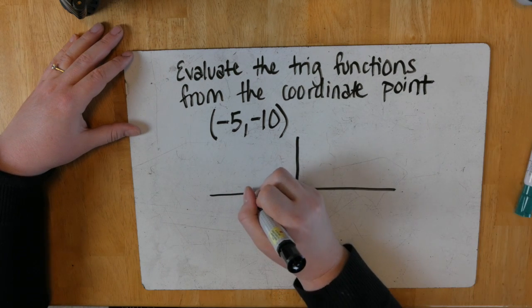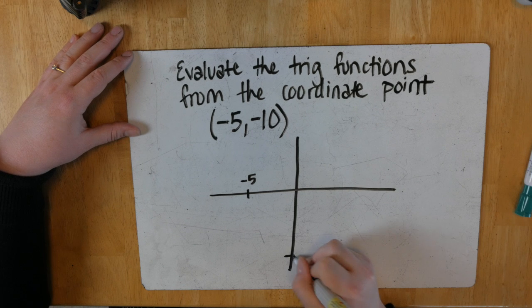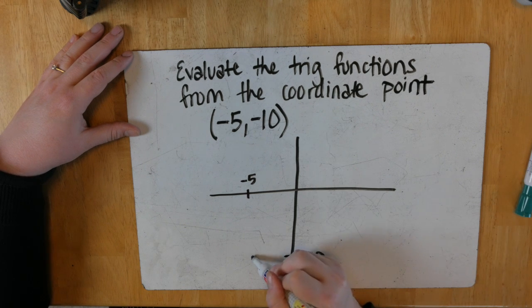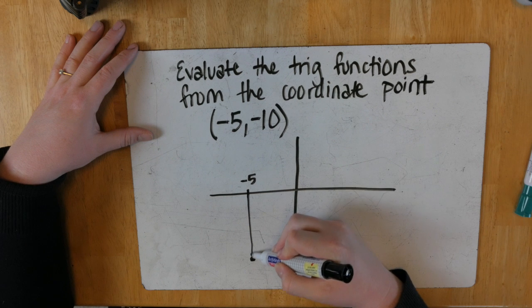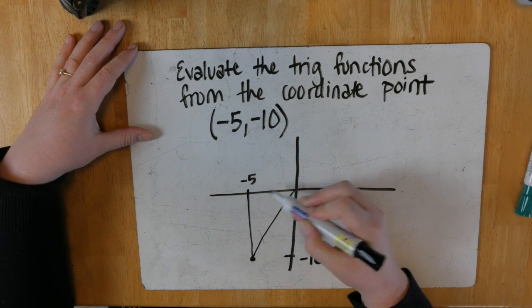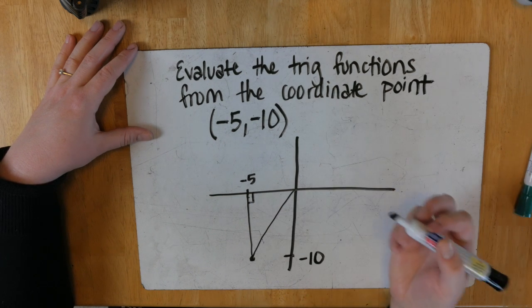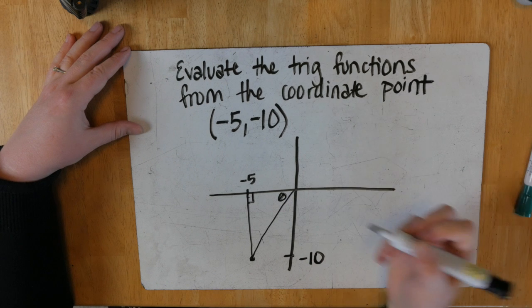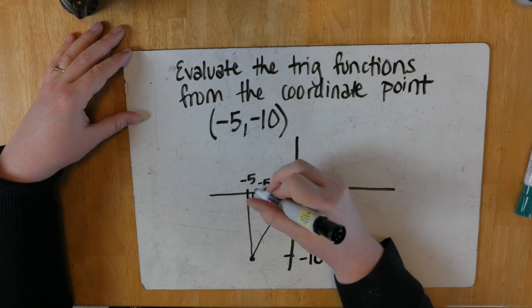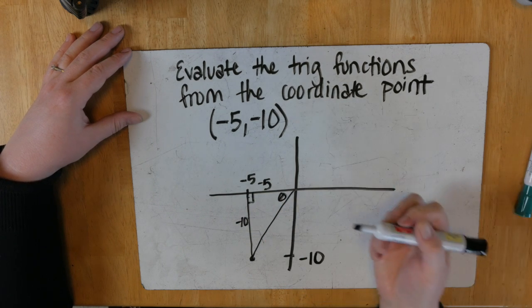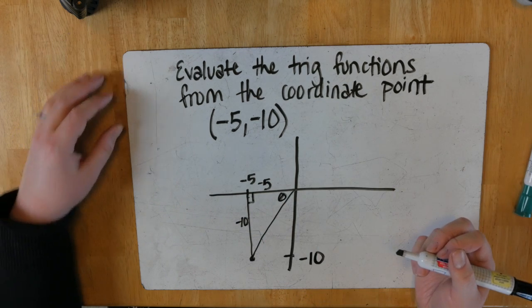Well, I can plot that coordinate point. It's right here. And I can create a triangle with it. And I can put my right angle on the x-axis, and I can put theta at the origin. And I can say, you know, this is a distance of 5 or -5 if we consider the direction, and this is a distance of going down 10 along the y-axis.